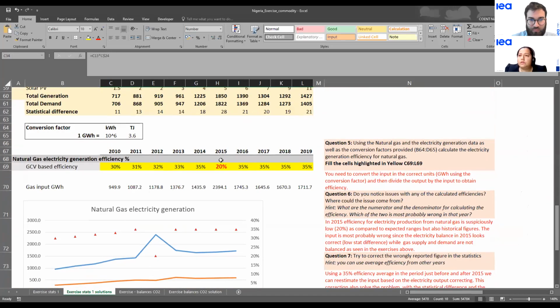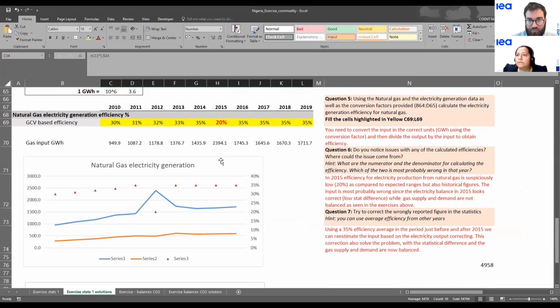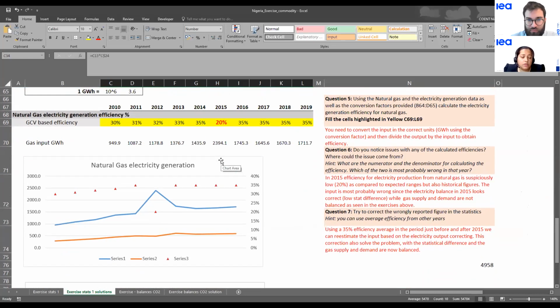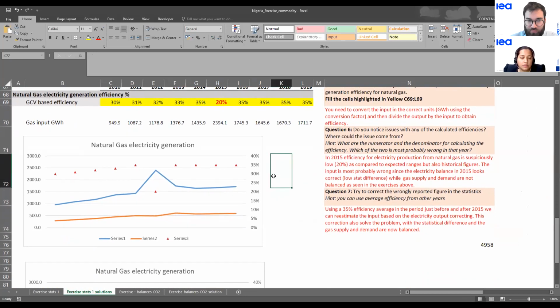So if we go back to the question, try to correct the wrongly reported figure in the statistics. Here we need to fix that balance. How would you fix that? The easiest way is to change that calorific value and estimate it. An easy way to estimate it is to make an average of the years before and after.